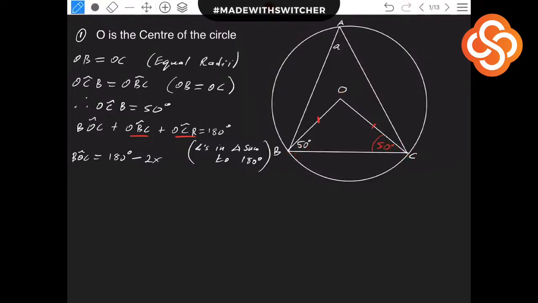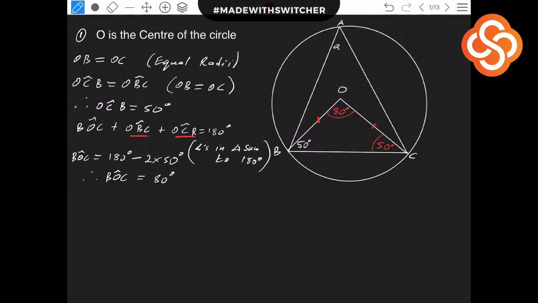So I'm going to say minus 2 times 50 degrees there. Therefore, BOC is 80 degrees. So now we know that BOC is 80 degrees. I'm going to use the red ink there to indicate it. So BOC is equal to 80 degrees.